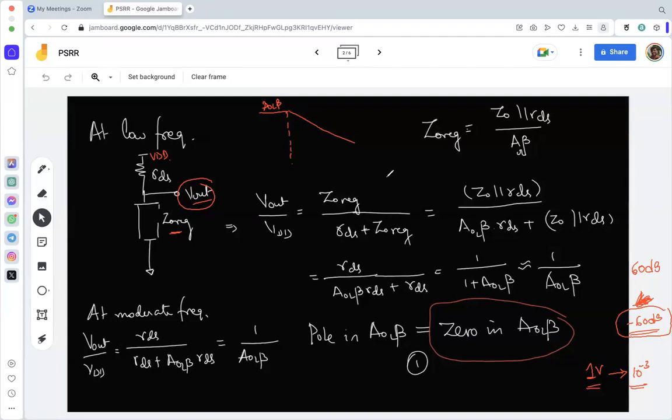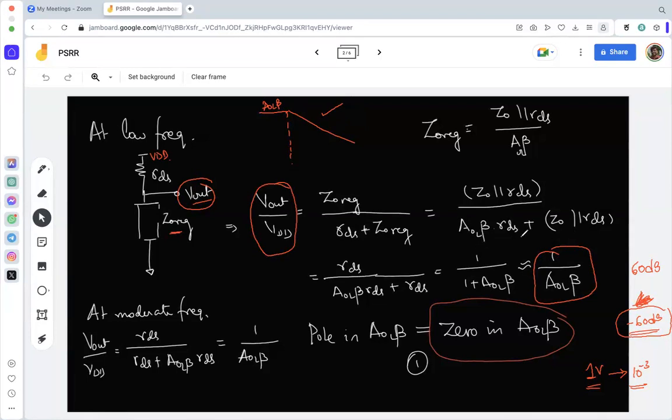Now, what you saw here, Vout by VDD is 1 by AOL beta. Meaning, anything you see in this curve gets inverted in the PSR curve, at least in the low frequency domain.